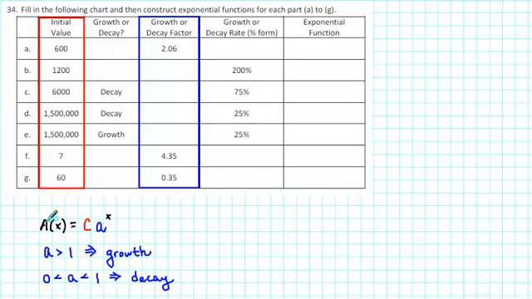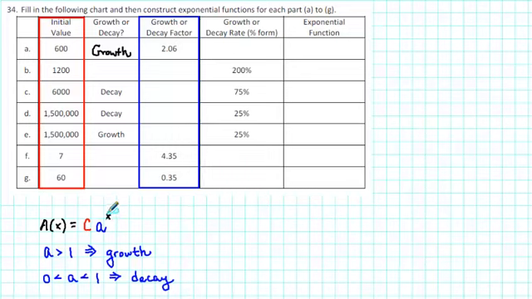So for part A, the initial value is 600 and the growth or decay factor is 2.06. 2.06 is more than 1, so that indicates that this is exponential growth. What is the growth rate?